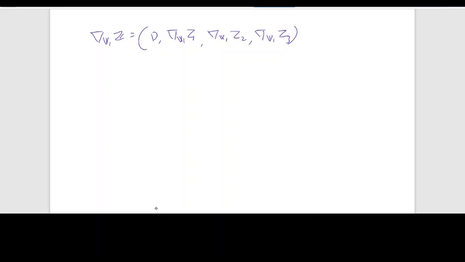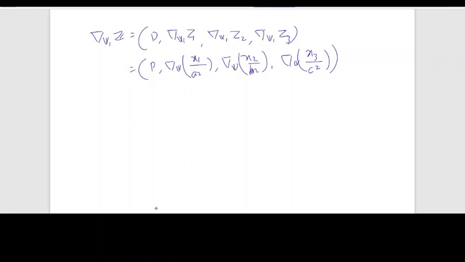Okay, where z1 is x1 by a square, z2 is x2 by b square, and z3 is x3 by c square.